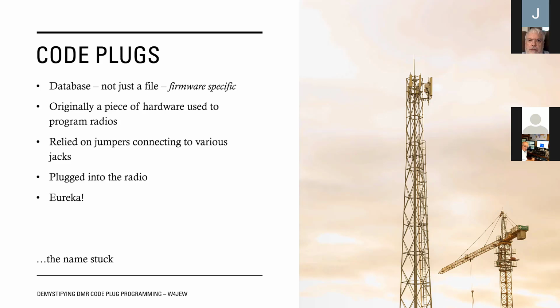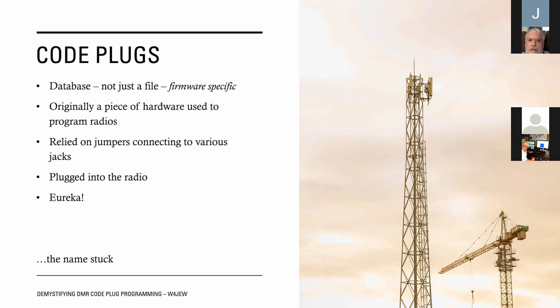So what you'll find is that not only is there a version of firmware, there's a version of the code plug as well. When you program a radio, you need to make sure that the CPS, or customer programming software, not code plug programming software, it's actually customer programming software, is the version for the firmware you have on the radio.